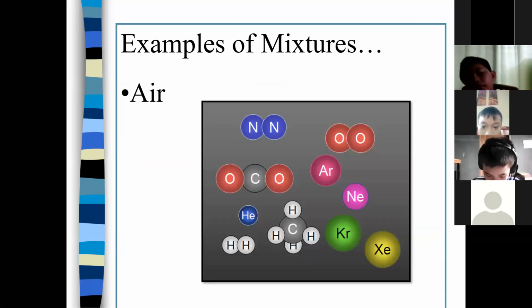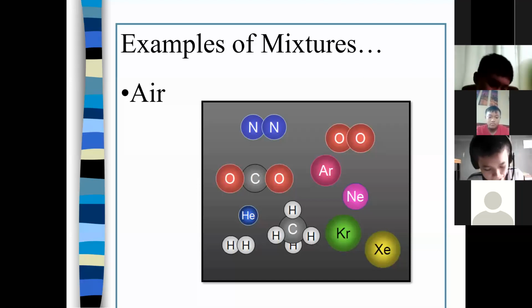The air that we breathe is a mixture of carbon dioxide, argon, neon, krypton, xenon, helium, carbon tetrahydroxide, dihydrogen, oxygen, nitrogen, and all the elements present in the air, including the dust and other factors.